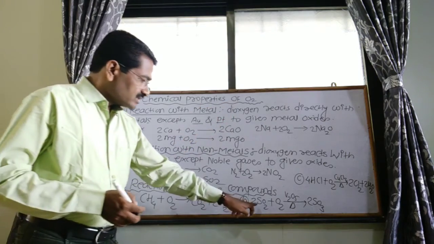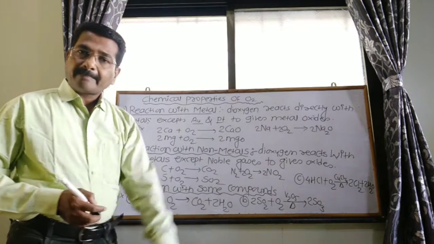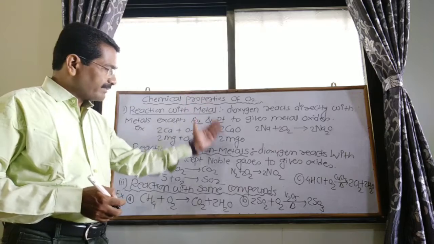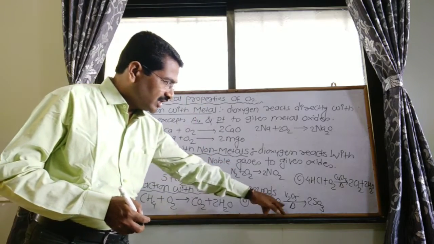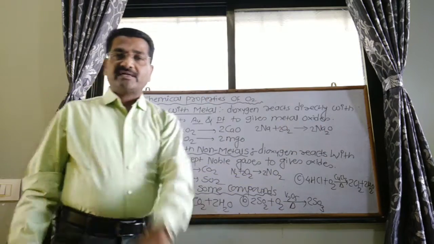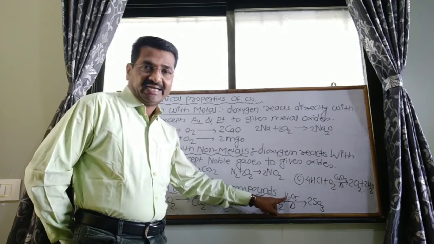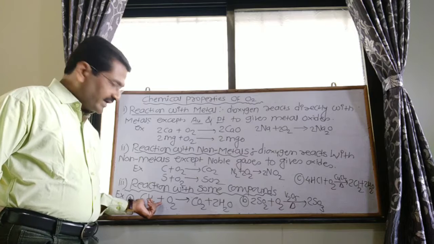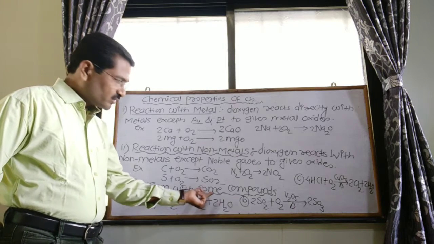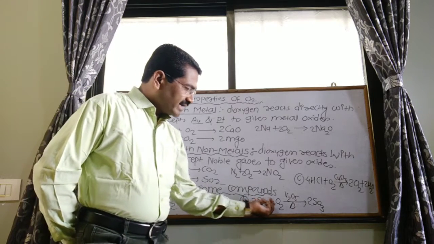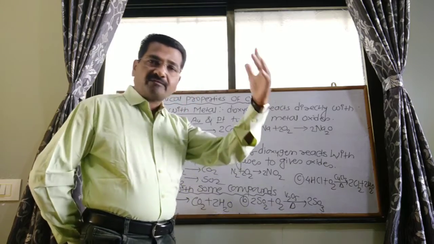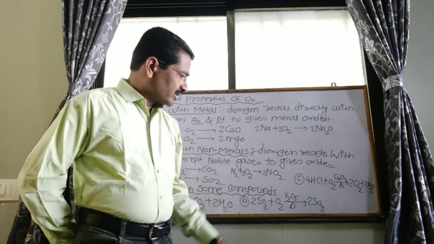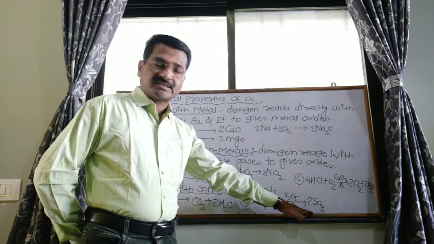Likewise, sulfur dioxide, another compound besides metals and non-metals, reacts with oxygen to form sulfur trioxide in the presence of vanadium pentoxide. First, any carbon compound reacts with oxygen to form carbon dioxide and water. Then sulfur dioxide reacts with oxygen in the presence of vanadium pentoxide to form sulfur trioxide.